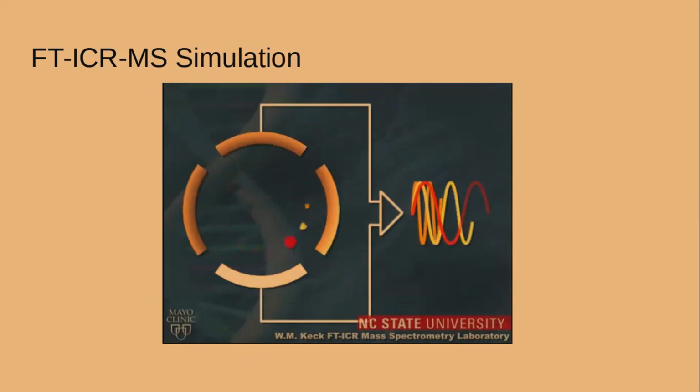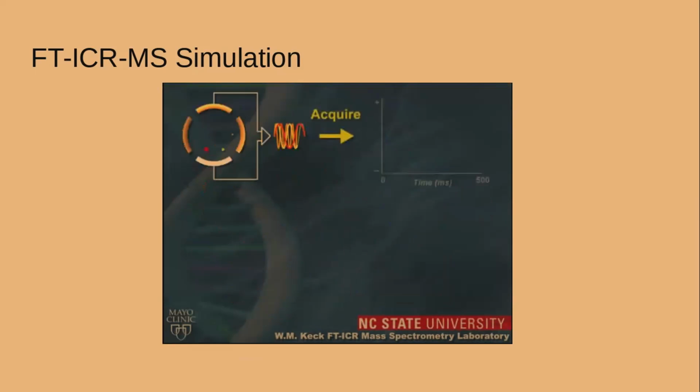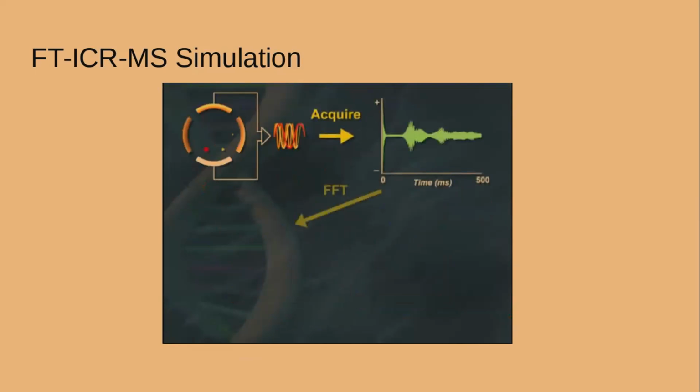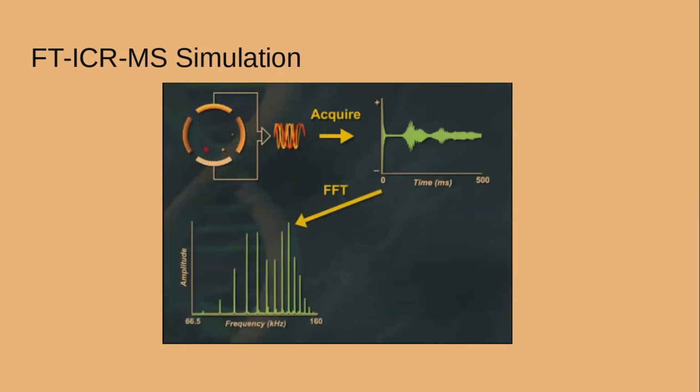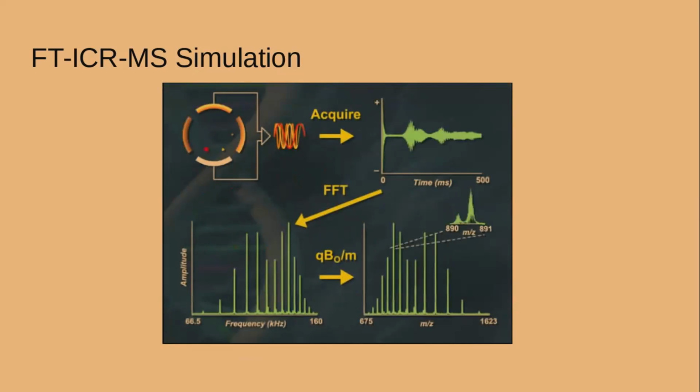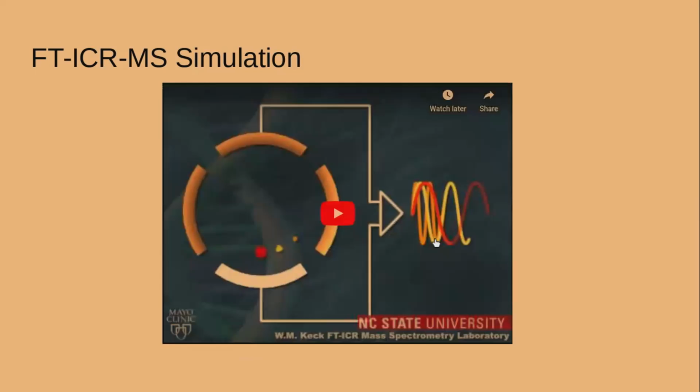And you will get your time domain. So you can get that time domain and then use Fourier transform to get that frequency graph, and then using that mass conversion, they actually use that formula. They show the formula for the mass conversion.